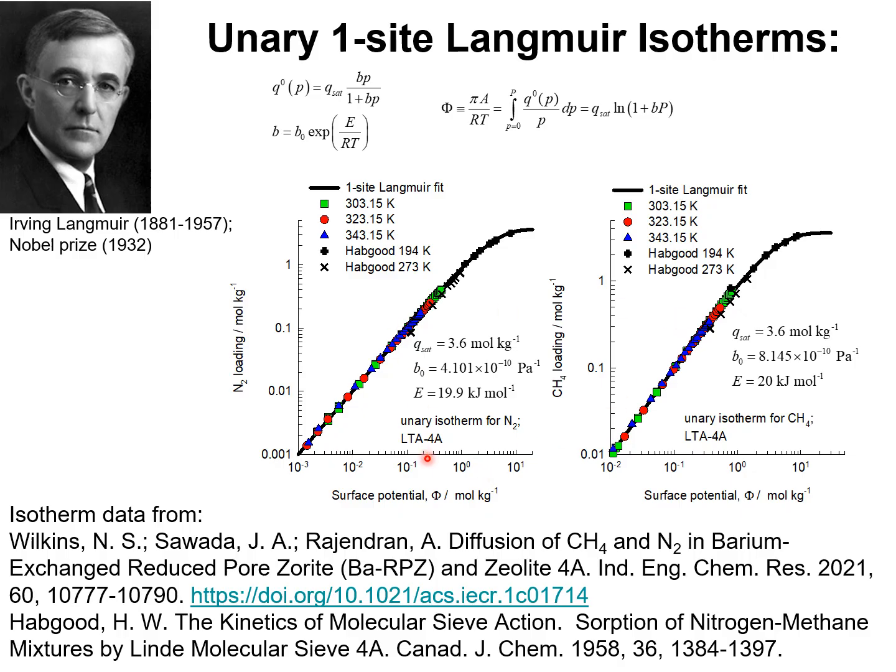It is important to note, if the saturation capacities of nitrogen and methane are not equal to each other, we need to use the ideal adsorbed solution theory for calculation of mixture adsorption equilibrium.